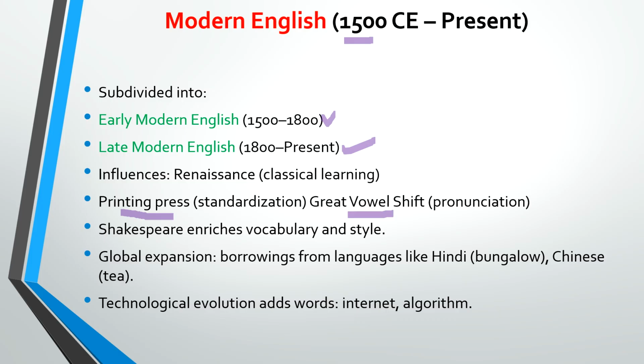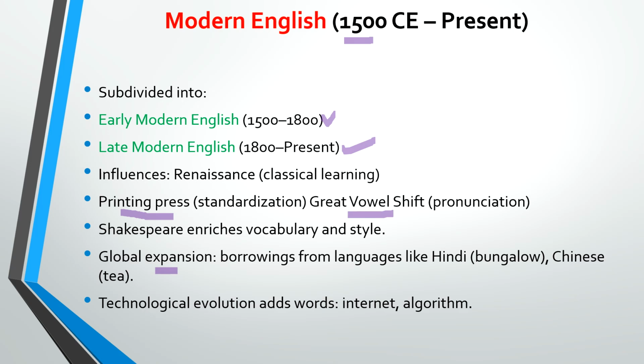And in Late Modern English there was global expansion. Global English emerged after 1945. This is characterized by the influence of the British Empire. English borrowed many words from other languages, from Hindi, Chinese, Arabic, Spanish, French.